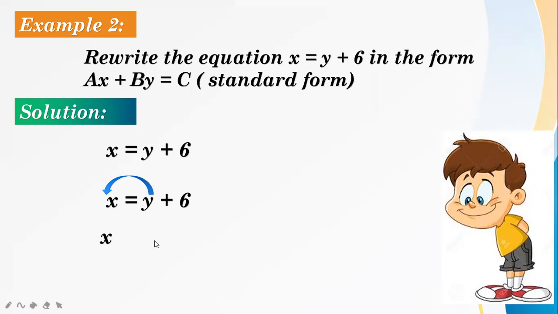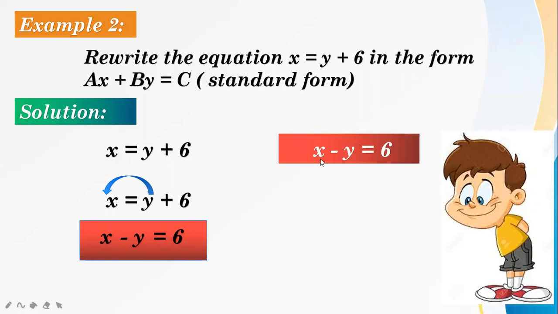So we have x minus y equals 6. This equation is written in the form ax plus by equals c.